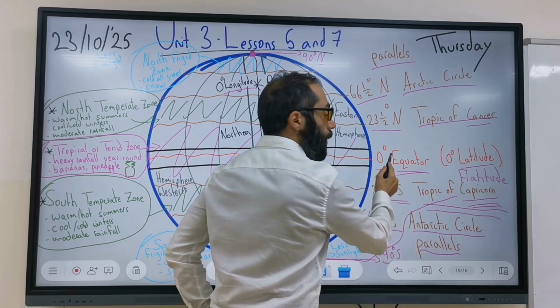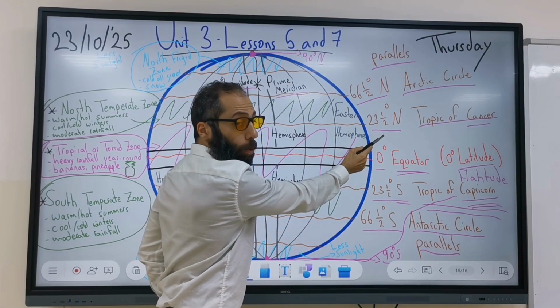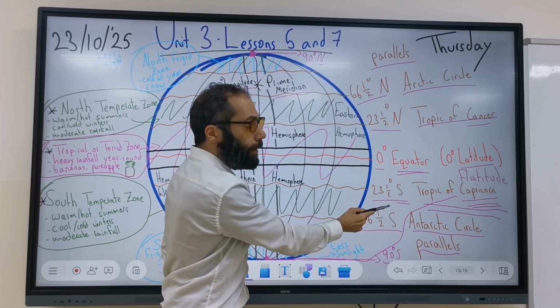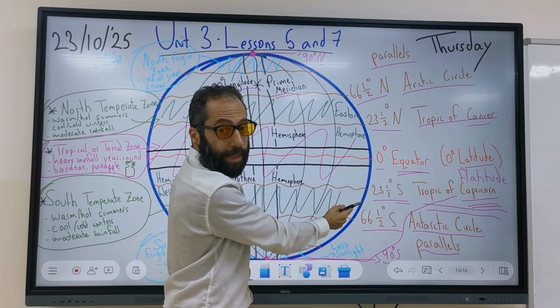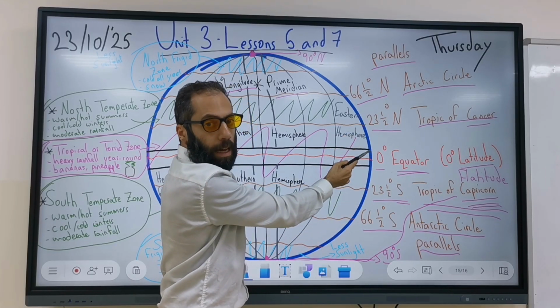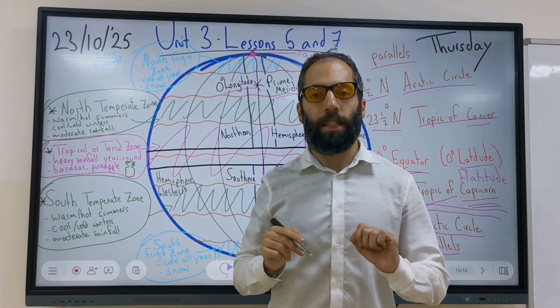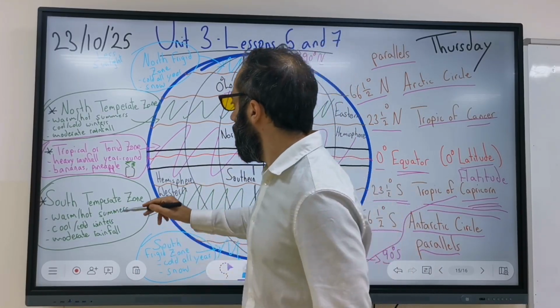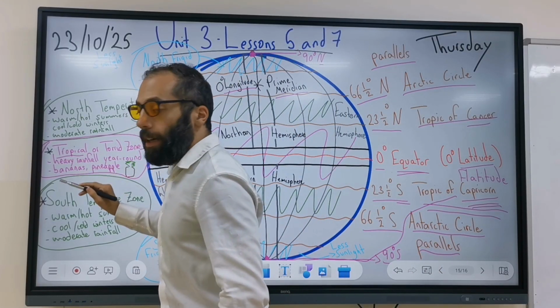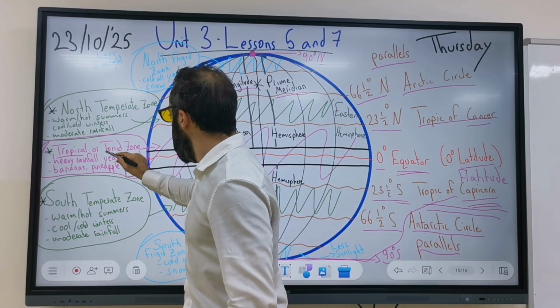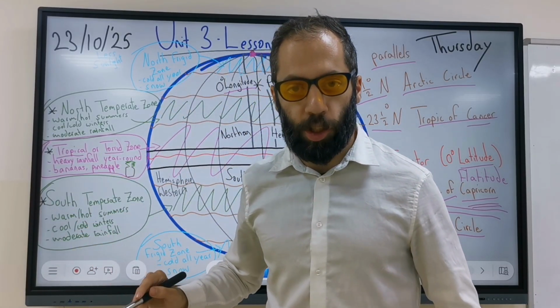Between 23 and a half north and 23 and a half south, we will have a special climate zone called the tropical or torrid zone.